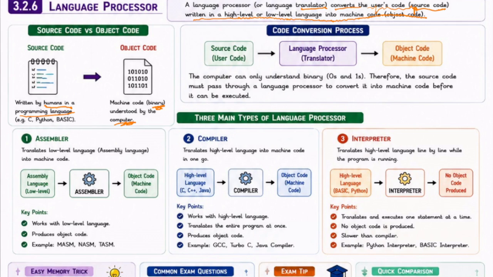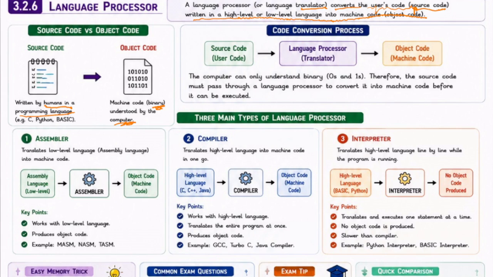So if you write an application in zeros and ones, it will take you forever. Are you getting my point? Like the kind of applications that we use these days, how complex they are. To write them in object code will take you forever. So people write more in high level language than even low level language.